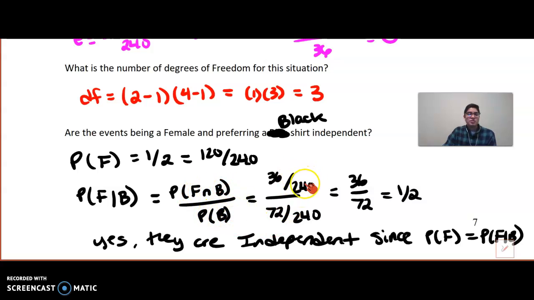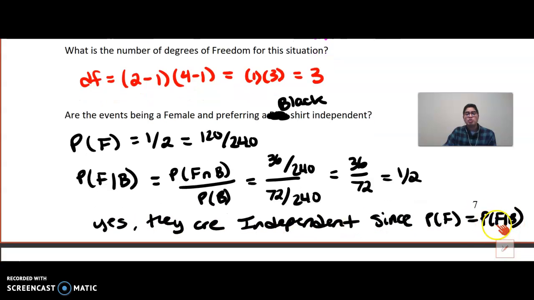So 36 out of 240 over 72 out of 240 gives me 36 over 72, or also 1/2, which means the events being a female and preferring a black shirt are independent since the conditional probability does not change from the total probability. Regardless of the condition, it hasn't changed, thus it is independent.